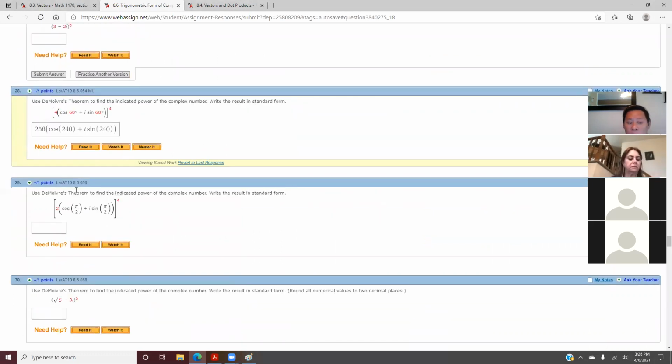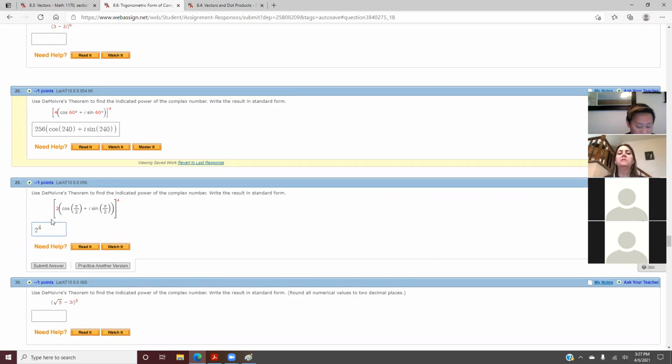Does anyone know how to do this one? Using De Moivre. This is already in the trig form. Oh, they want it in standard form. They're tricky. I'll show you what happens. This one is wrong because it's not in the standard form. 2 to the power of 4, cosine of what?